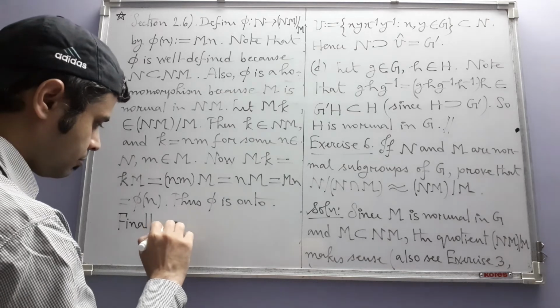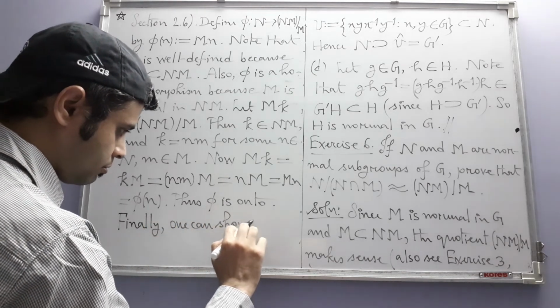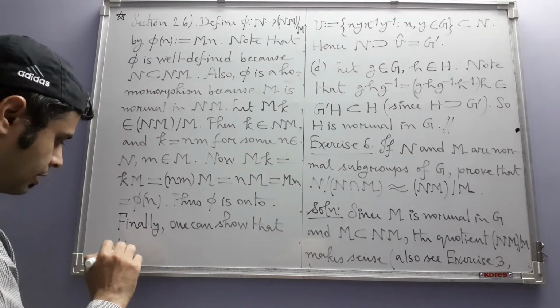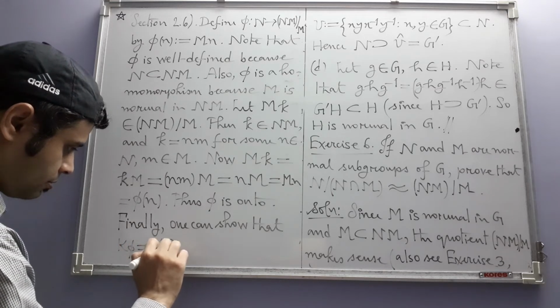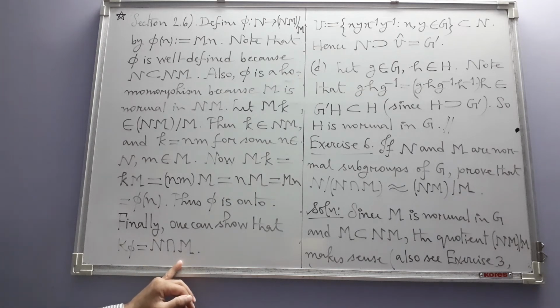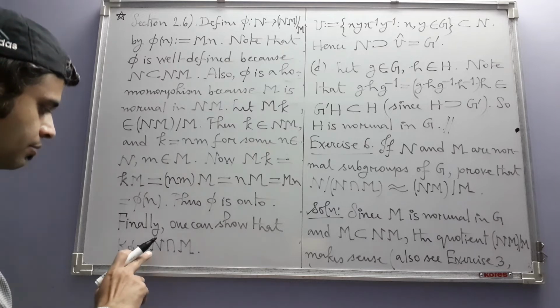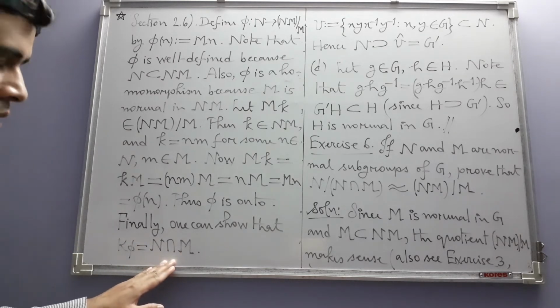Finally, one can show that the kernel of phi is actually equal to the subgroup N intersection M. This part is left to you. In fact, let me just briefly say why this is true.